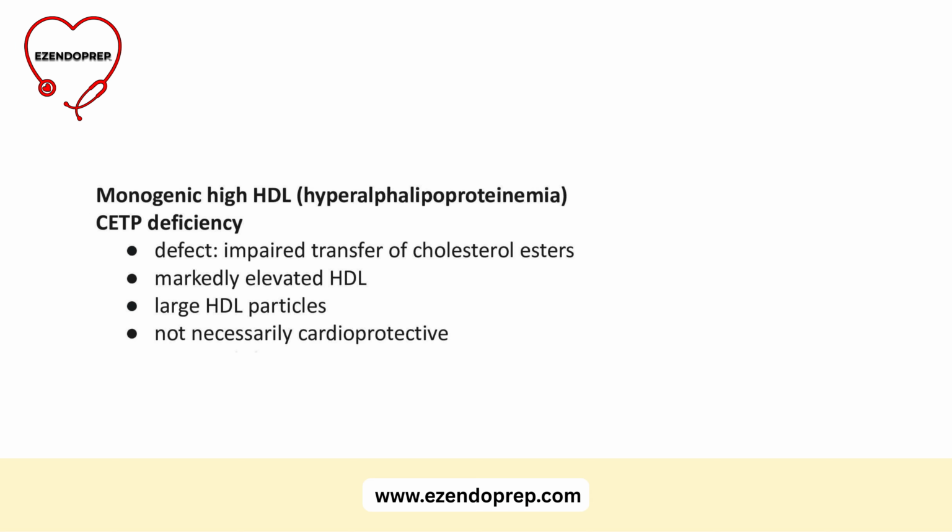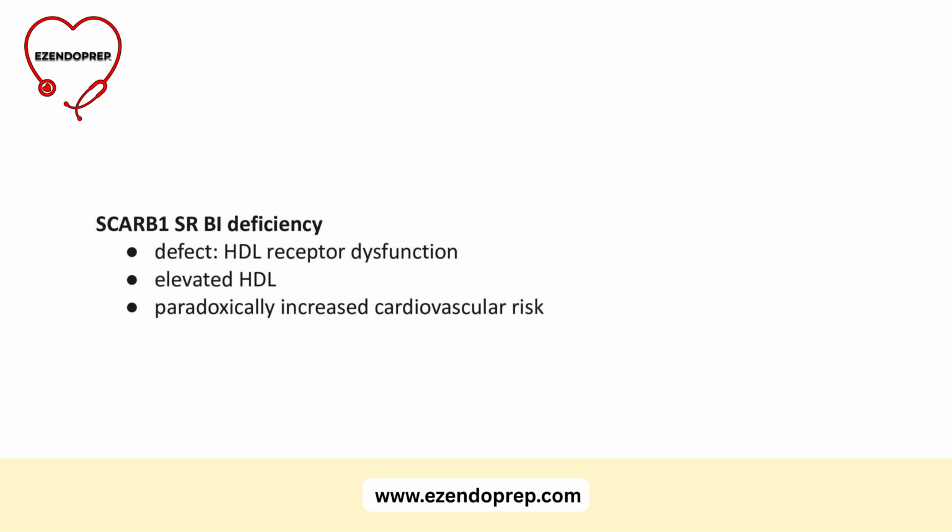In the board, they always mention Japanese heritage, but basically CETP deficiency has markedly elevated HDL, large HDL particles, paradoxically not always cardioprotective. And then there is SRB1 deficiency, the gene being SCARB1.